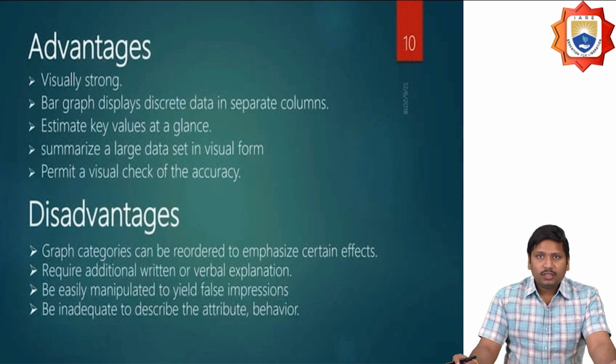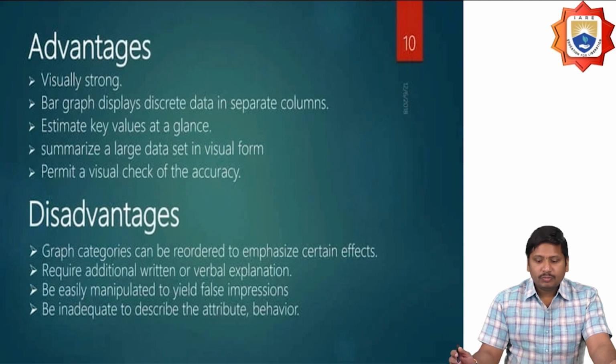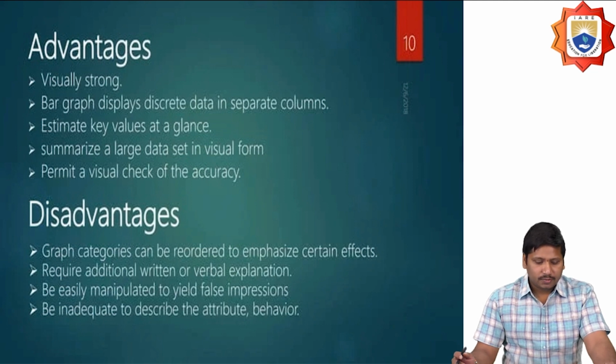What are the advantages of this one? It is visually strong, and the bar graph displays discrete data in separate columns, and can estimate key values at a glance, and summarize a large data set into visual form, and it also permits a visual check of accuracy.